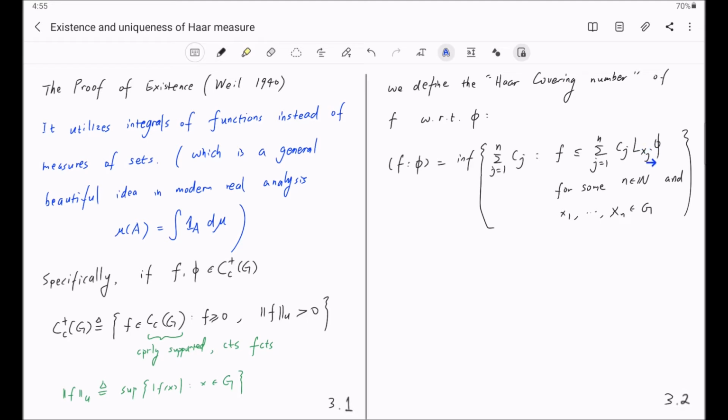Now let me explain this. Some of you might have already seen this many times. This means a left translation of the function phi on the topological group G by x_j, which is an element in G. But let me write this down. So left translation of phi by x_j acting on y will be equal to, by definition, phi of x_j times y.